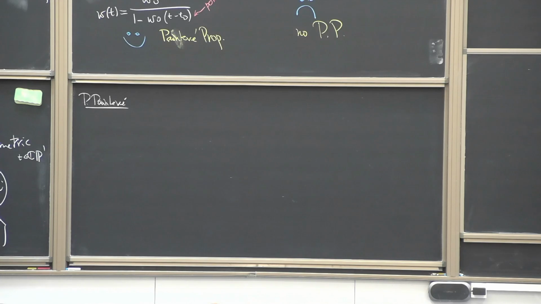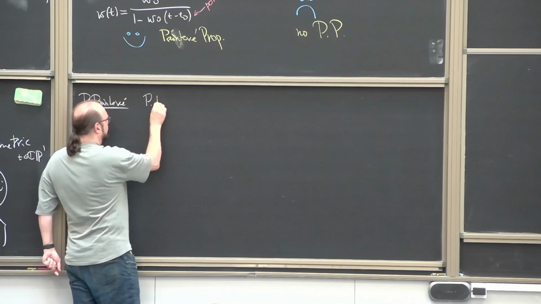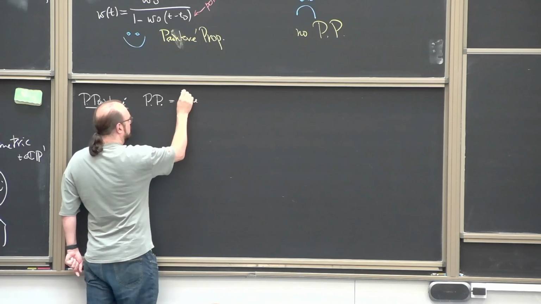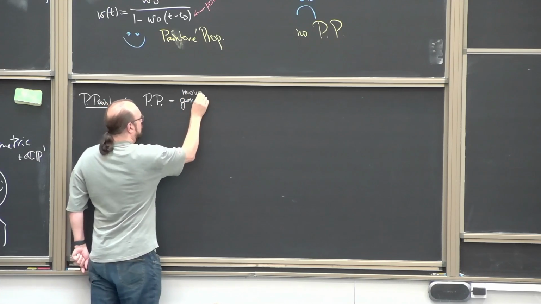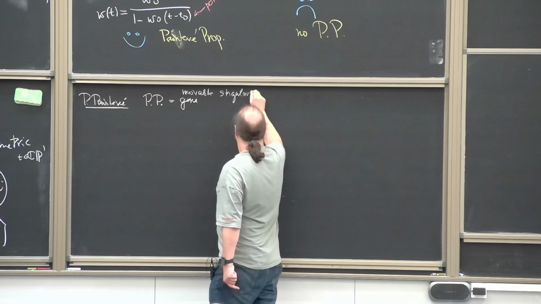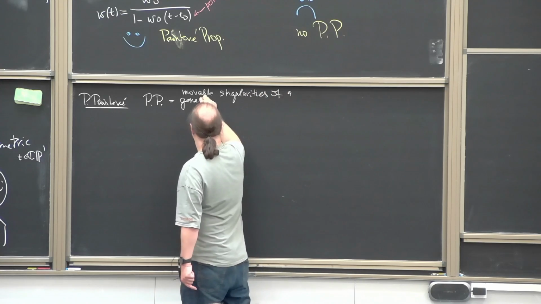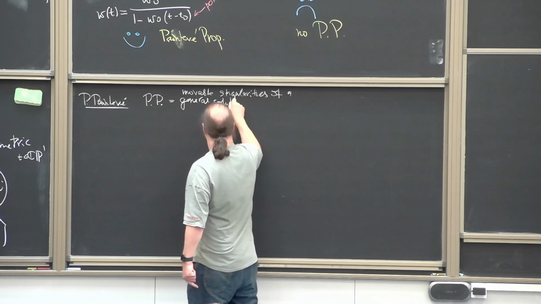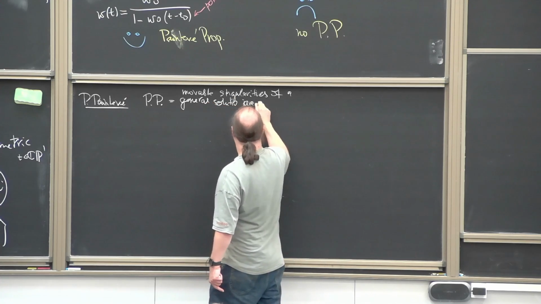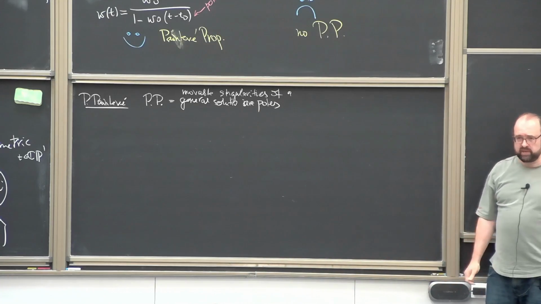For simplicity, we can say that Painlevé property is: movable singularities of general solution are poles. So that's Painlevé property.